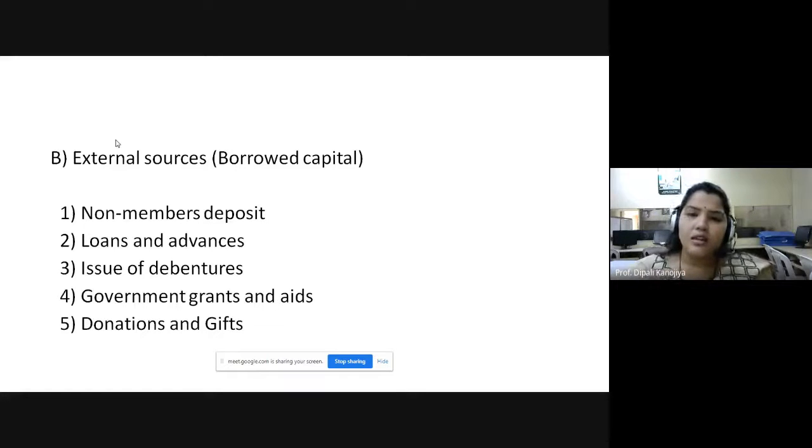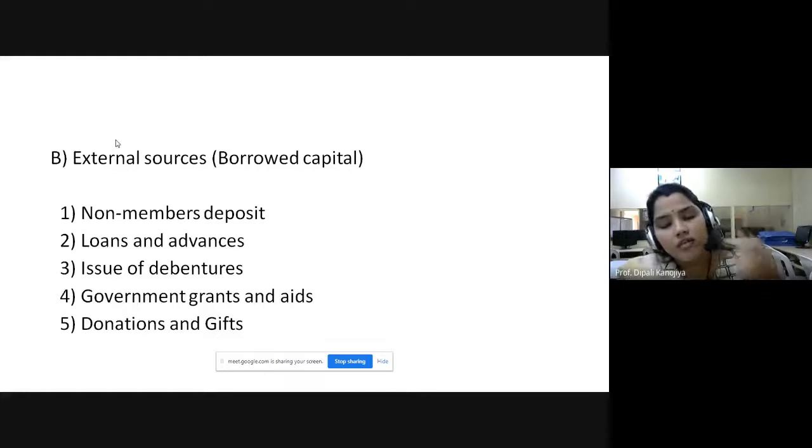Yes, loans and advances may be short term, medium term, or long term, and the loan is also provided by the state government, as we have learned. State government or financial institutions give the loan, and the loan is given on government security.